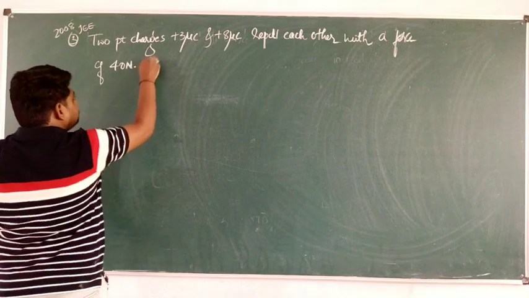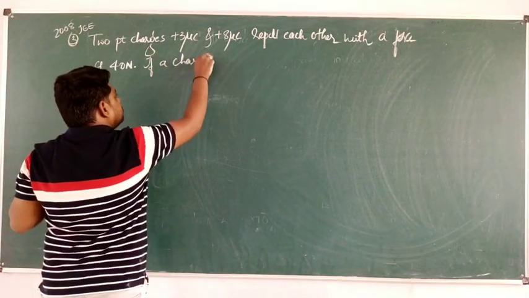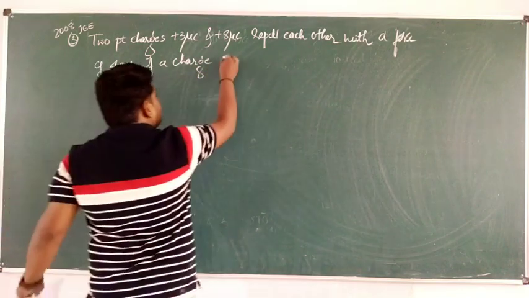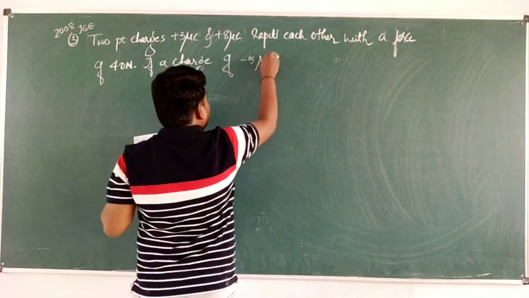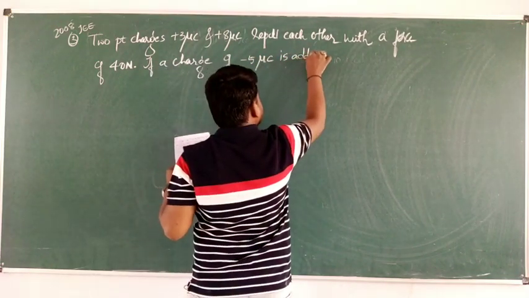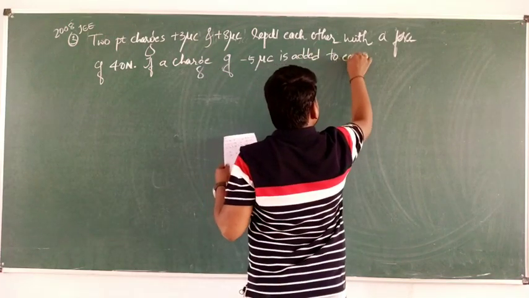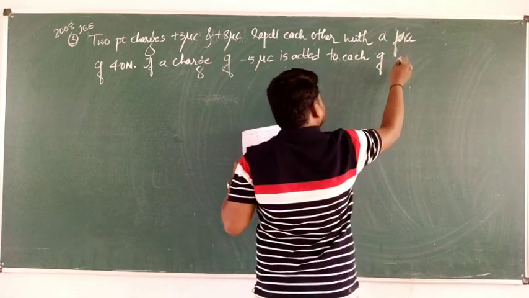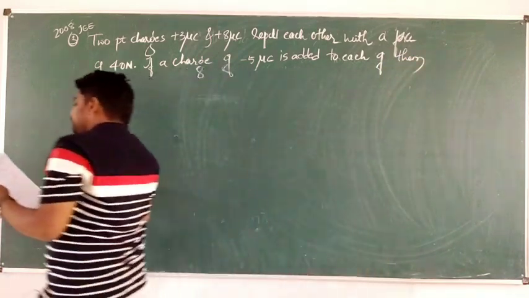If a charge of minus 5 microcoulomb is added to each of them, then the force between them will be?